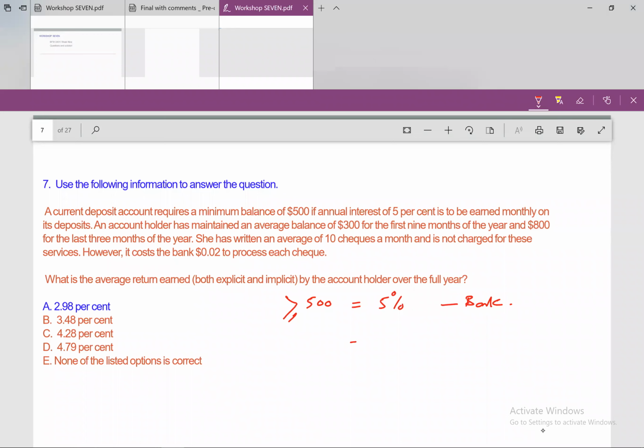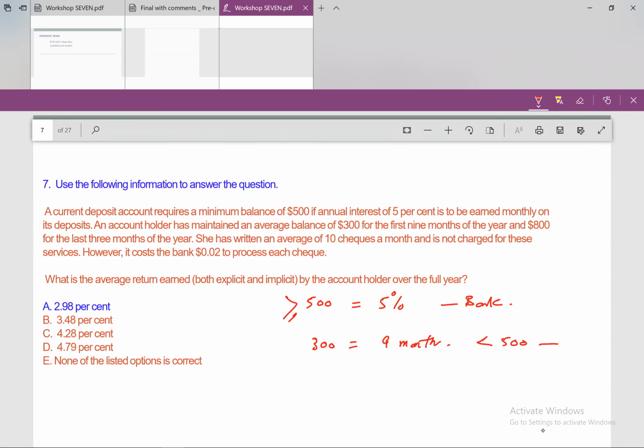Now, this customer has 300 for 9 months. I need to calculate the interest rate given to this customer, and then the other free charges, free services provided, and that will be the implicit and the explicit interest return for this customer. So in this one, he will get 0 because it is less than 500.